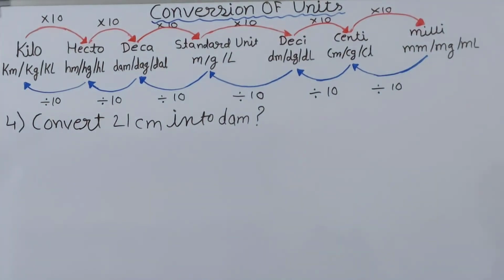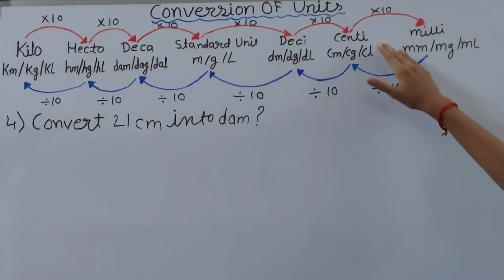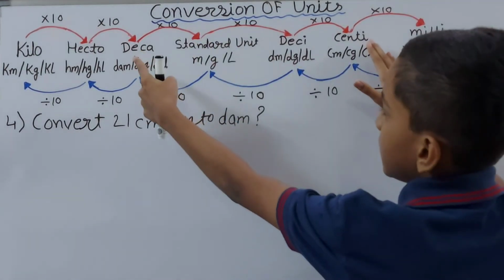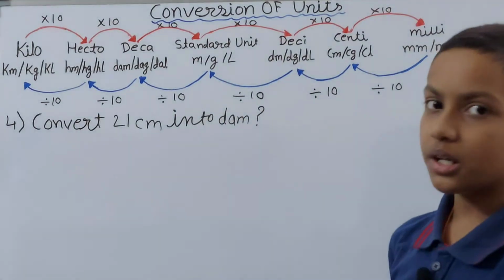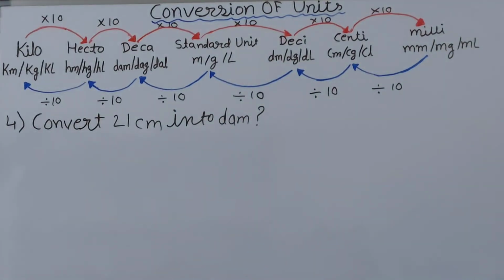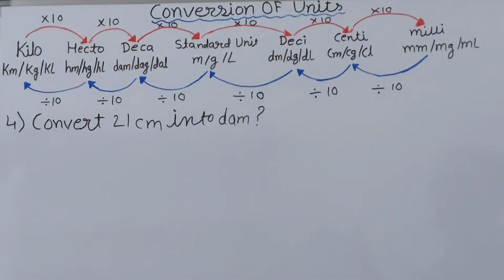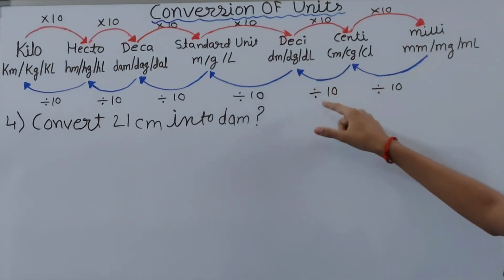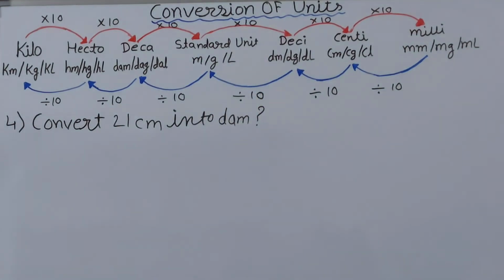So let's look here, centimeters is here and decameters is here. So this means that we are going from a smaller unit to a greater unit. So what do we do in that case? Yes, we will divide. And the second step is to count the number of times we get 10. So let's see, from here to here 1 time 10, from here to here 2 times 10 and from here to here 3 times 10.